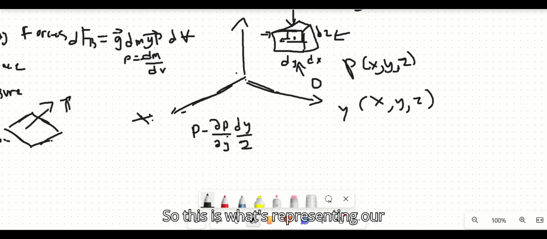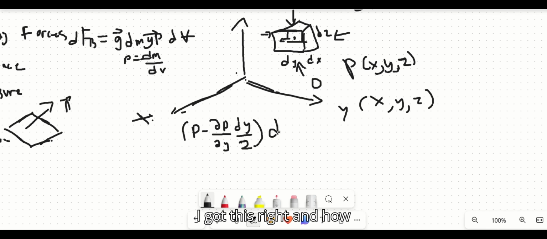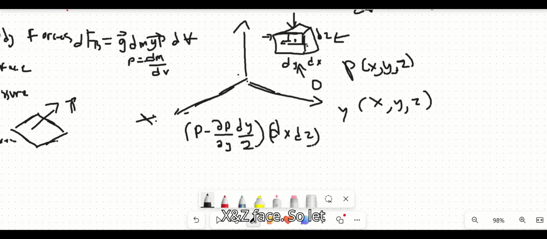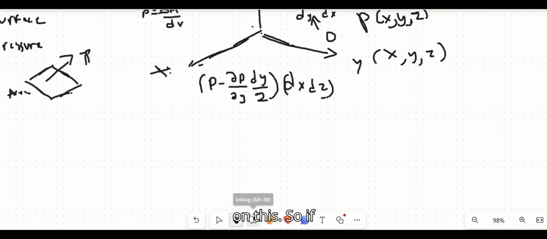So this is what represents our change in the y direction, and I'll show you in more detail how I got this. And we'll have our dx, dz. Okay, so that's the y face, times the x and the z face.